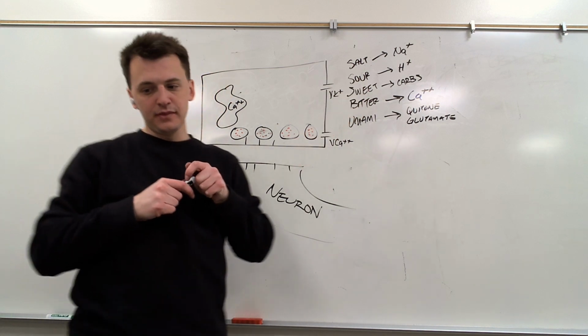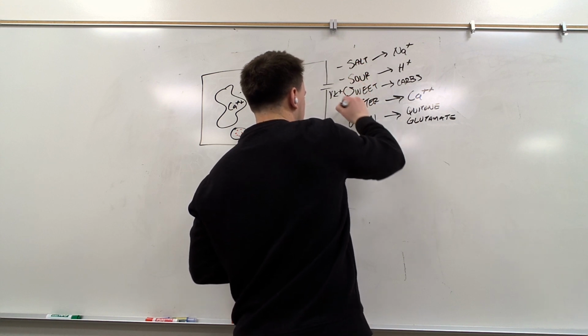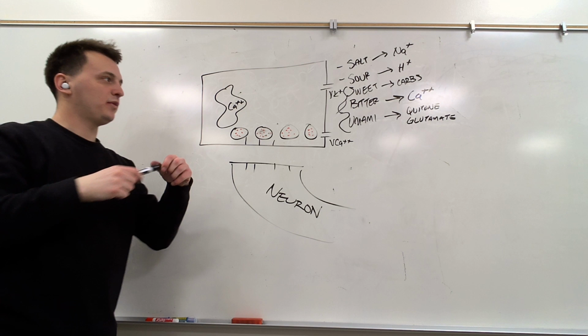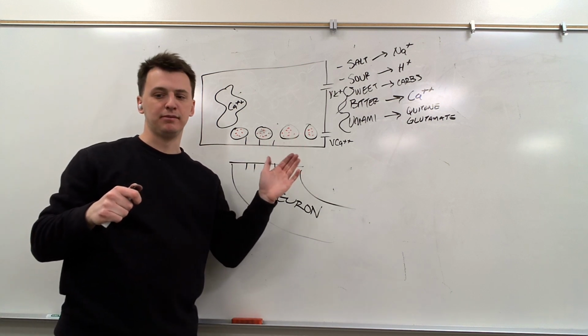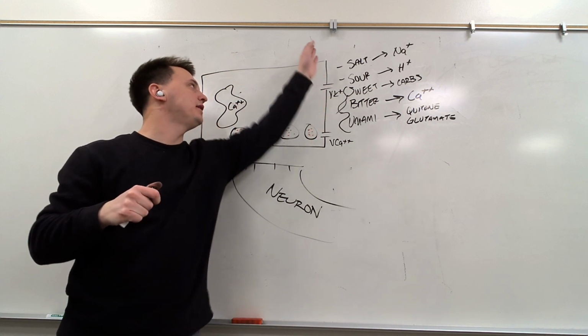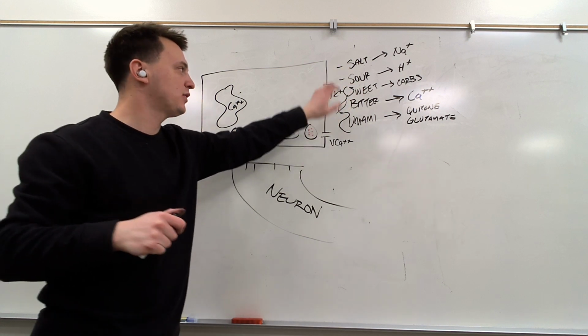So the salt and the sour have two different types of cells. And then sweet, bitter, and umami actually have the same cells that just receive it differently. So what I'm trying to say is that they work the same, but depending on what comes in is what you taste. Umami, bitter, sweet work the same, and these work different.